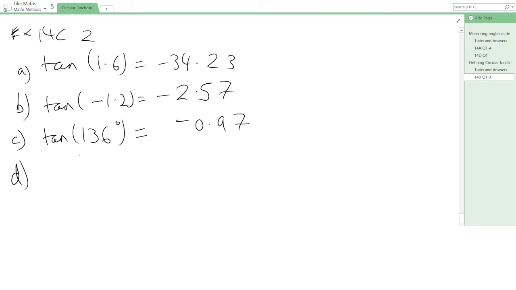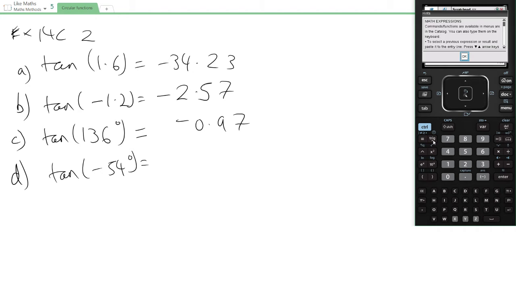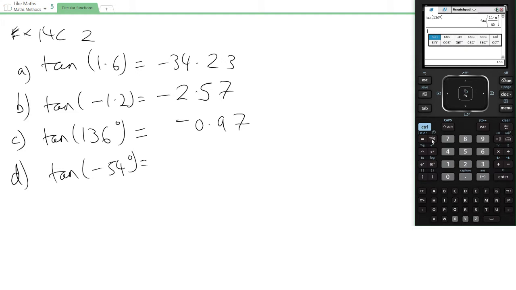Alright, D is the tan of minus 54 degrees. Back to the calculator. Let's bring up the trig functions. Trig, go across to tan, and it's minus 54.